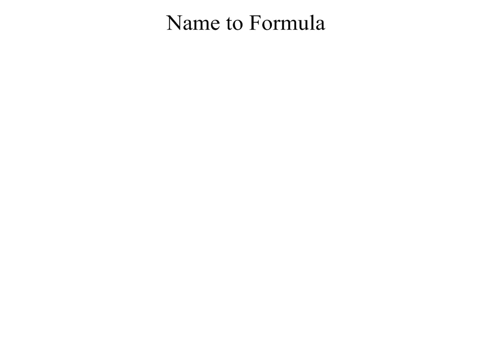The final part in this segment is going to be just how to go from the name to the formula in kind of an efficient way. You'll learn how to do this a little faster. You'll develop your own kind of techniques for this. But for instance, let's say we have iron 3 oxide.